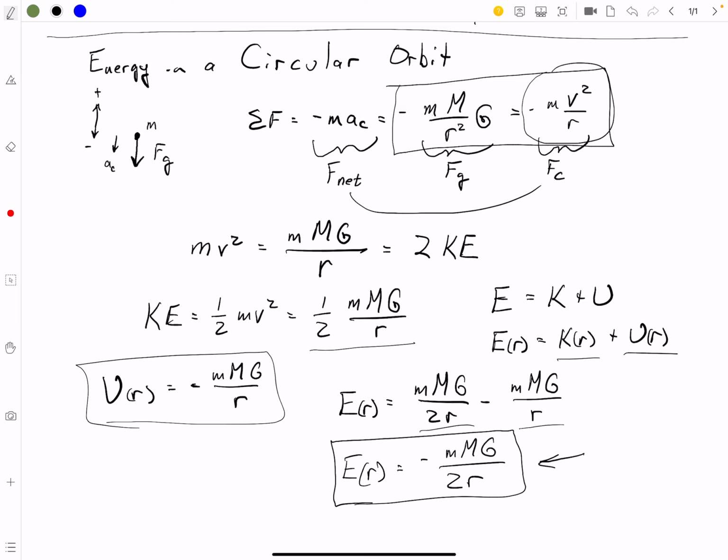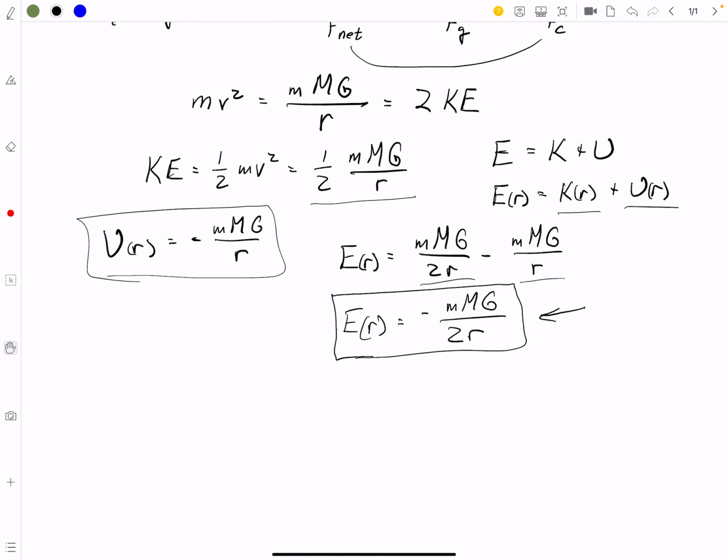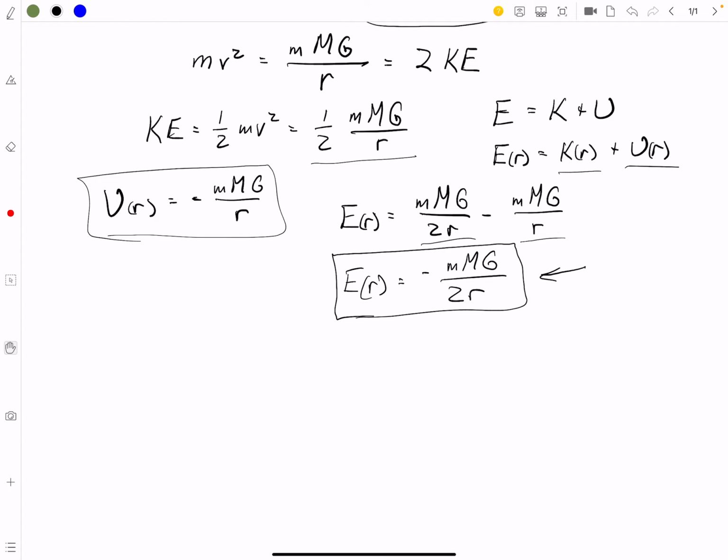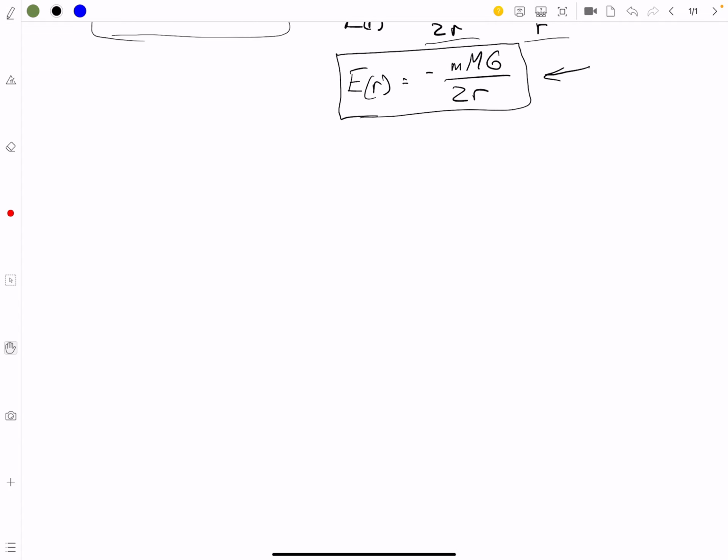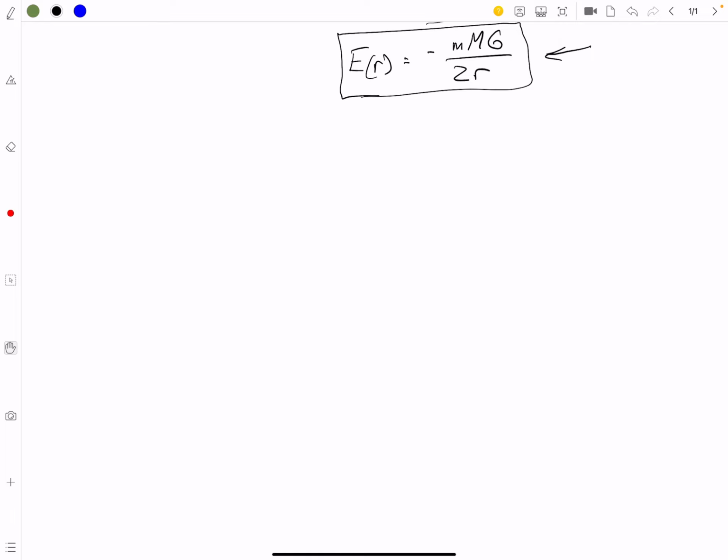So it's negative because you're in a potential well. So let's look at what that means. So let's look at that equation. We're going to bring it all the way to this point. We're going to look at that equation, and we're going to look at it in a very nice graph here. Quality graphing skills.